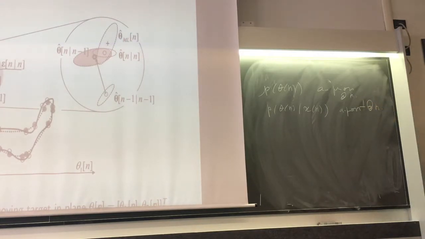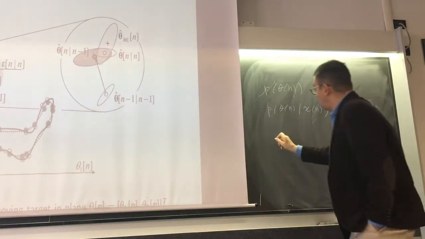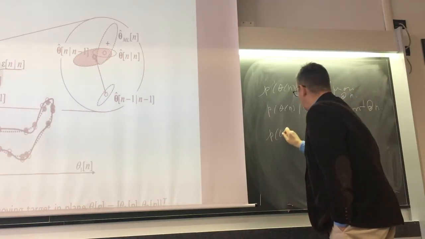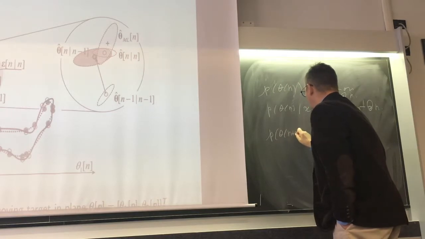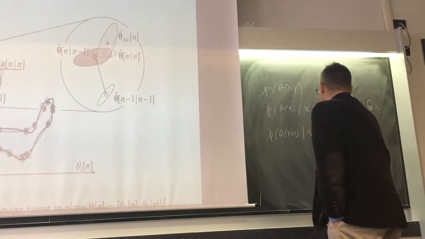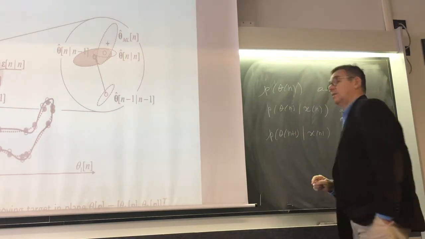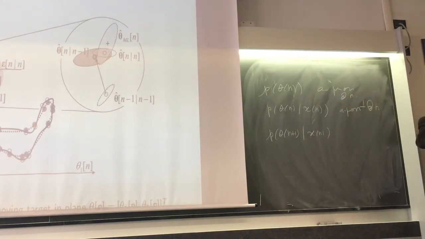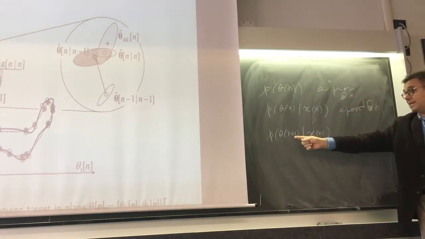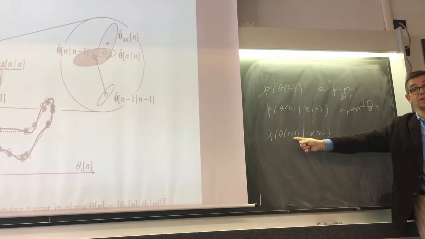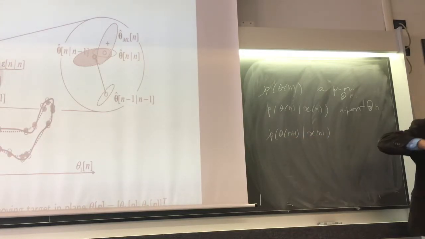Which means at the time n, open the door and then measure the environment. Now, I can calculate the probability density at the time n plus 1, given that I measure at the time n. What is this? I'm estimating the position of the professor at the time n plus 1, which means plus 1 time.